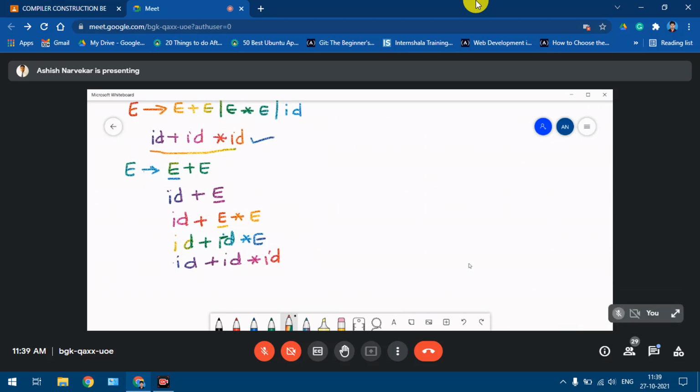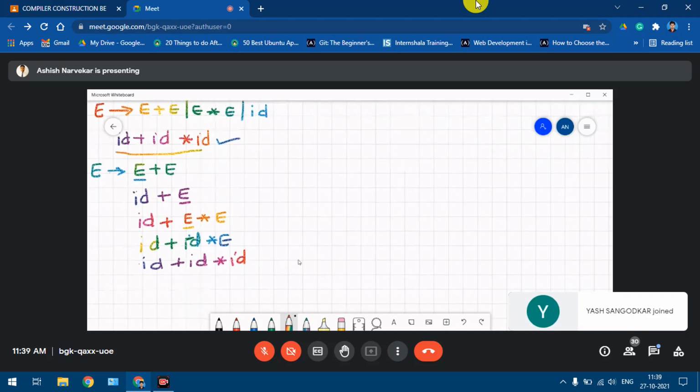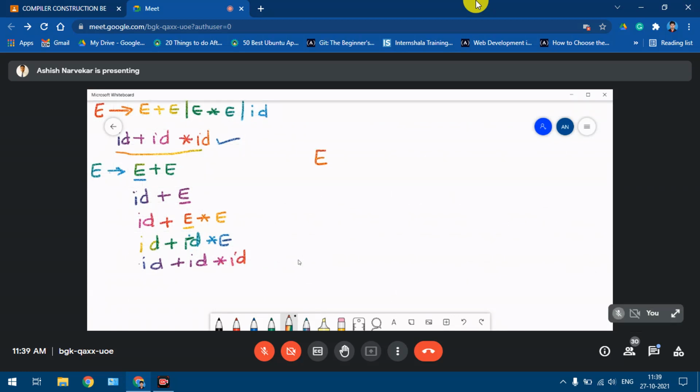So let's draw the parse tree also next to it. If we draw the parse tree, it will come as E. On the next level we'll be having this. Then we did this.